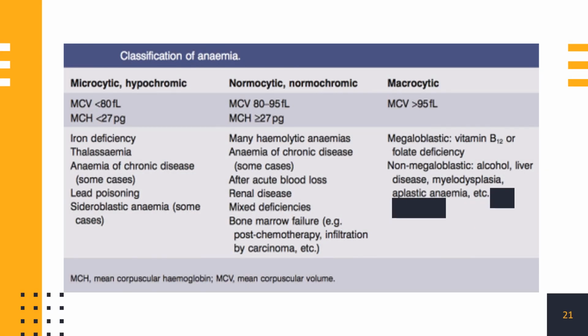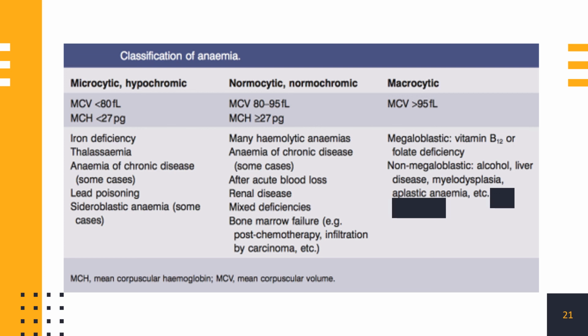Here's a table showing to you conditions which fall under the three labels or tags, under microcytic hypochromic, normocytic normochromic, and for the macrocytic forms.